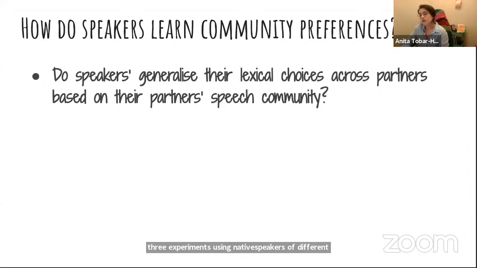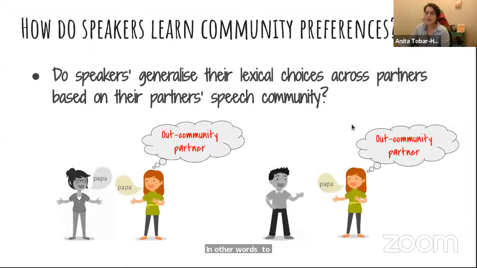To do this, we investigated whether speakers generalize their lexical choices across 2 partners based on their partner's speech communities. For example, if a speaker interacts with one out-community partner, meaning a partner from another community, will they generalize that language use to another partner from the same community as their first partner?